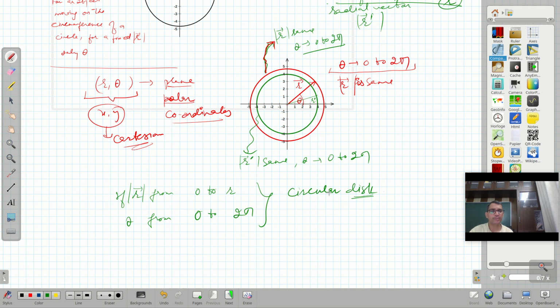If a particle is supposed to move over the circular disk, then this is the variation in r and theta.